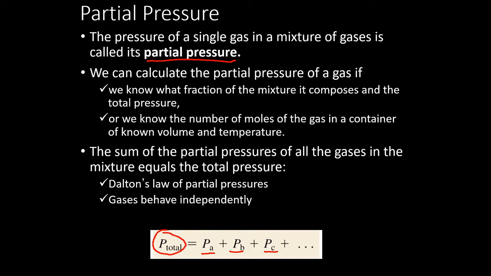This is what we call Dalton's law. Dalton's law of partial pressures essentially says if you have a mixture of gases and you add all the pressures together, you will get the total pressure. And that should make sense. Essentially, the sum of the parts is the same as the whole when it comes to pressures.